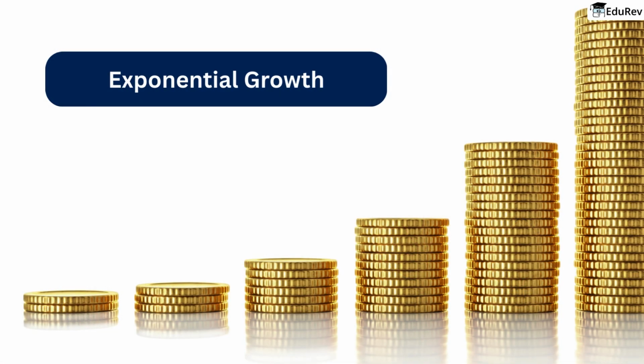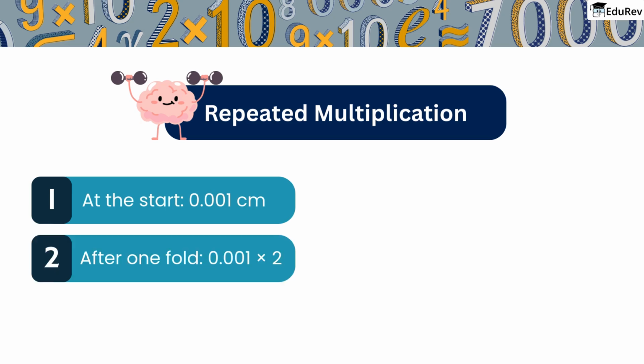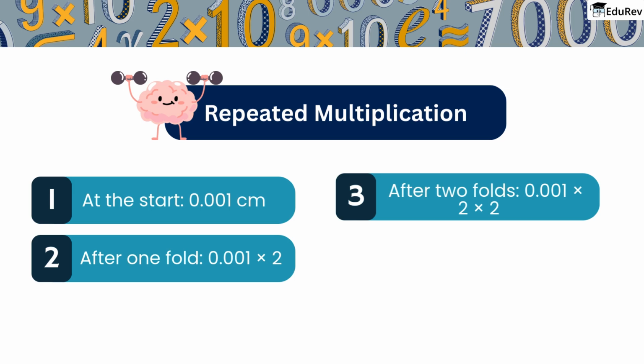Now, let us carefully see what is happening mathematically when we fold the paper. At the start, 0.001 centimeter. After one fold, 0.001 times 2 equals 0.002. After two folds, 0.002 times 2 equals 0.004.